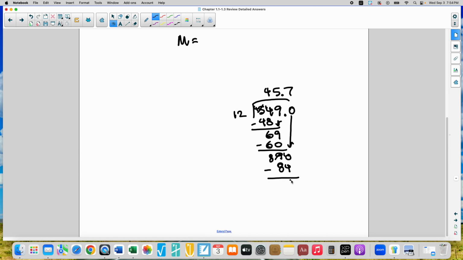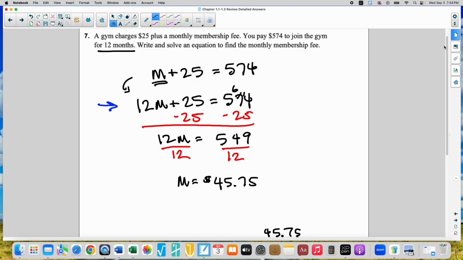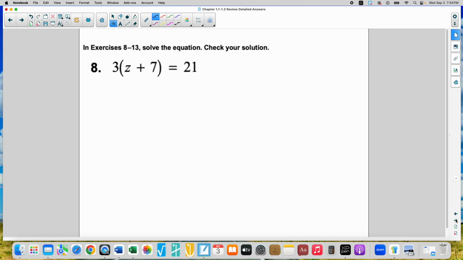Borrow. 6, add a 0, bring it down. 60. 12 times 5 is 60. So the monthly dues are, that's a bad number that I was about to write. My monthly dues are $45.75 per month. And if I multiply that by 12 and add 25, I will get $574. Yes.